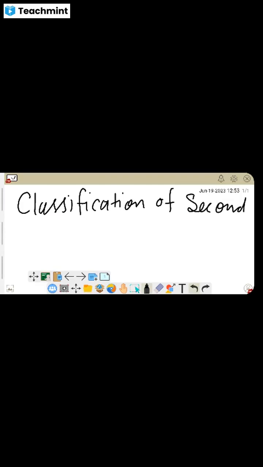Classification of second order partial differential equation.